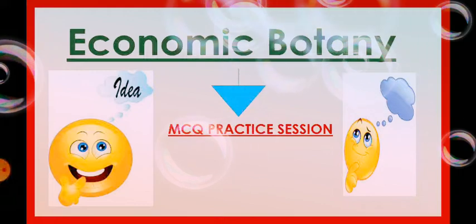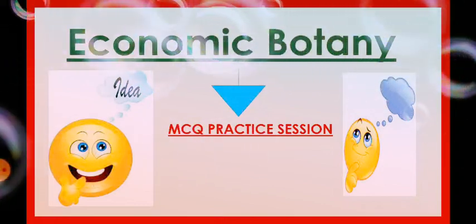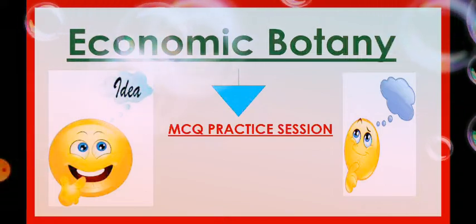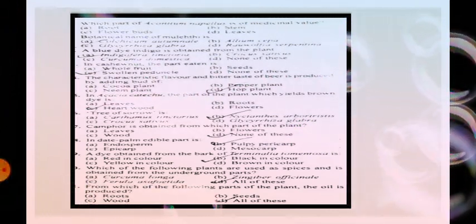So let's start with the different types of MCQs related to economic botany. Each question is a multiple choice question with four different options, and you have to choose the correct one.